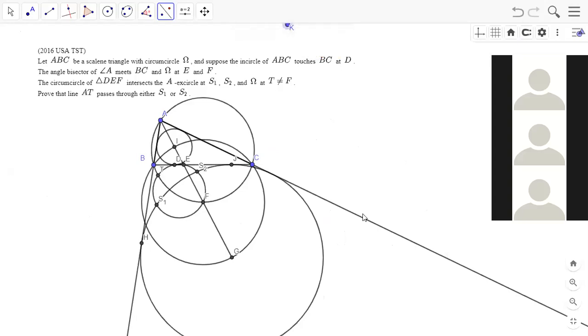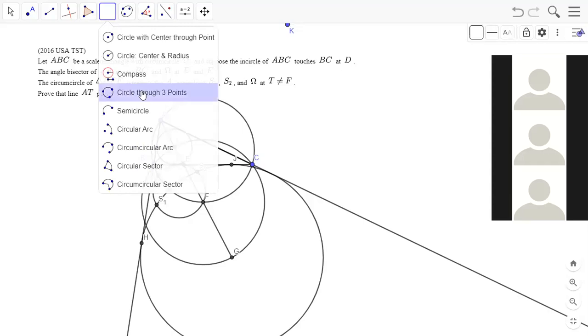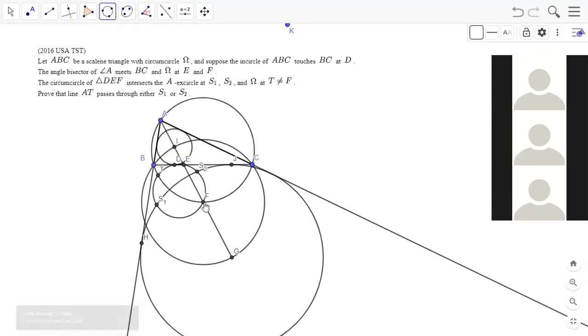So we should prove that AS1 is equal to AJ. Basically, we want to show S1 is a reflection of J over AG, right? You said that this circle goes to circle EFJ, right? Yes. So if we could show the circles are the same size, that would solve the problem, right?